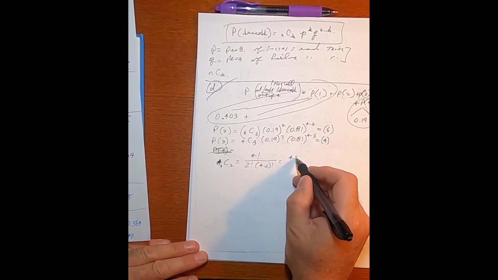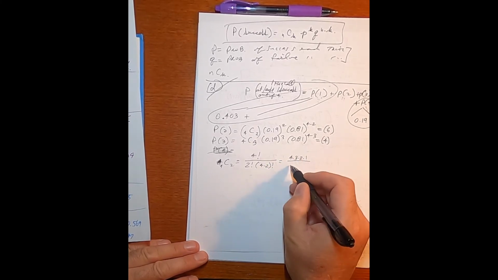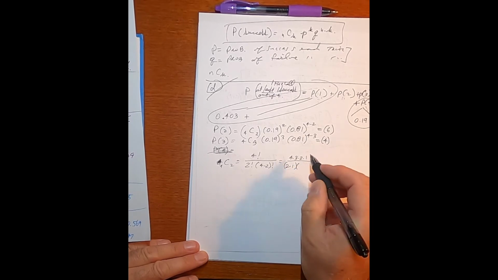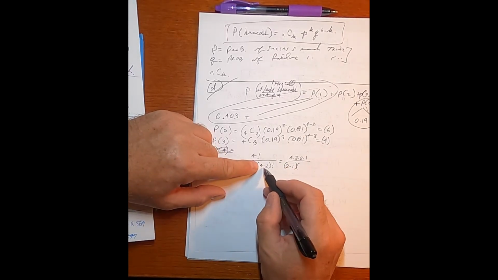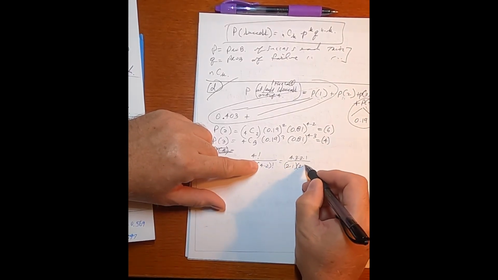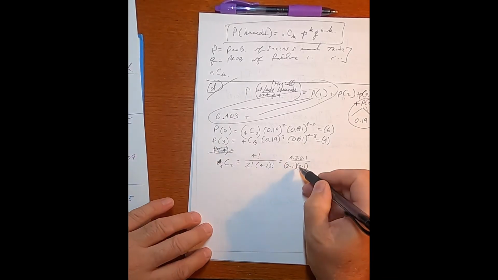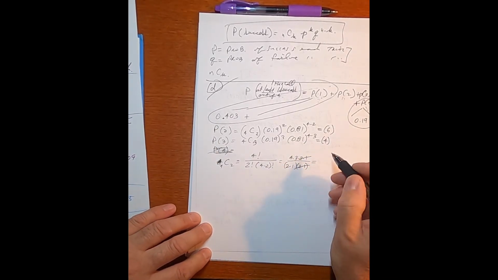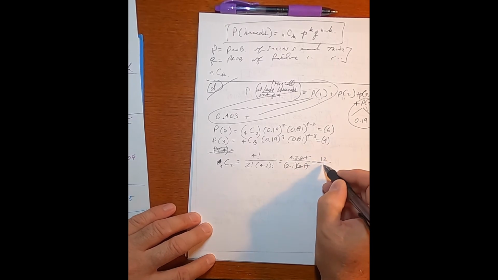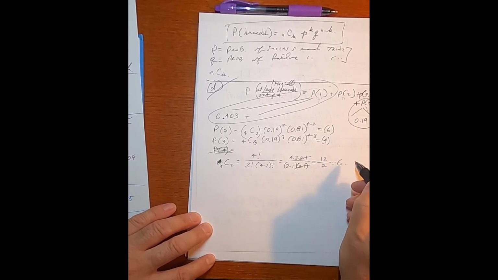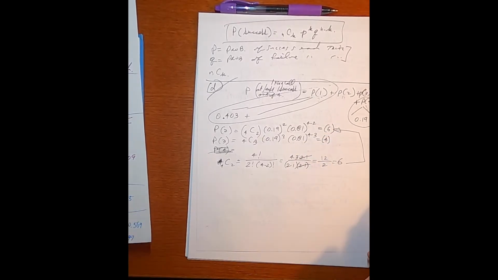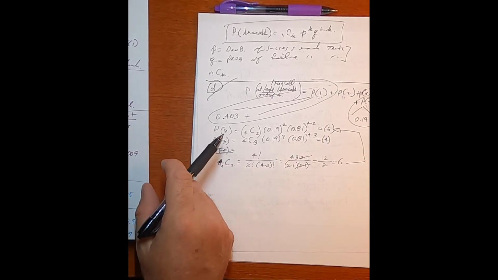That's 4 times 3 times 2 times 1 over 2 times 1 times 2 times 1. The 2 times 1 crosses out, and I end up with 12 over 2, and 12 over 2 is 6. So you see, I do get 6. So my calculator is working.